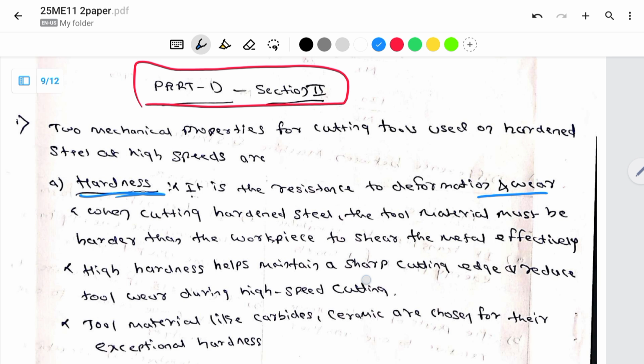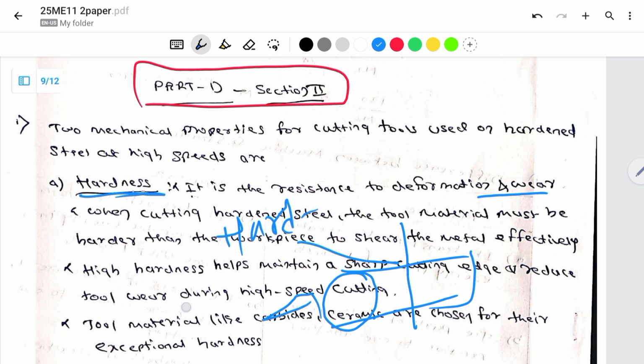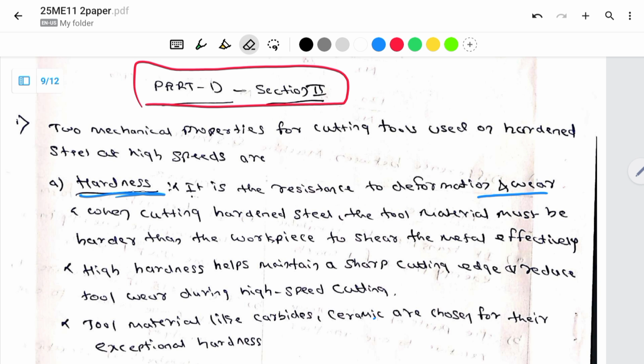Let me make one idea clear: whenever you are cutting a certain material, to break it into two pieces, the cutting tool should be hard, and the material should be comparatively soft, not completely soft, but softer than the tool. Cutting tool should be hard and cutting material should be soft.